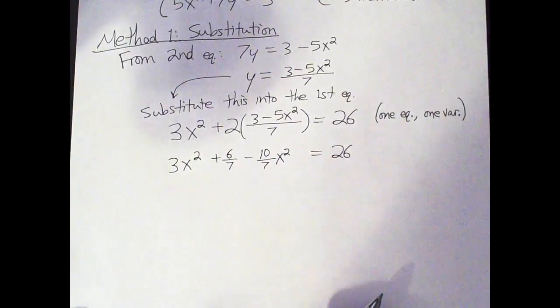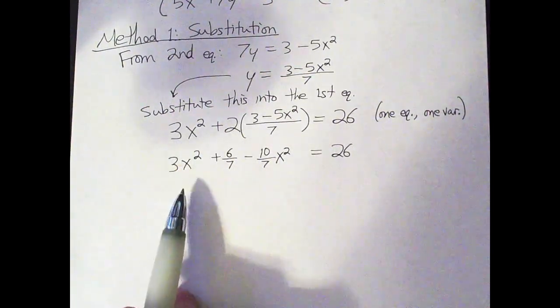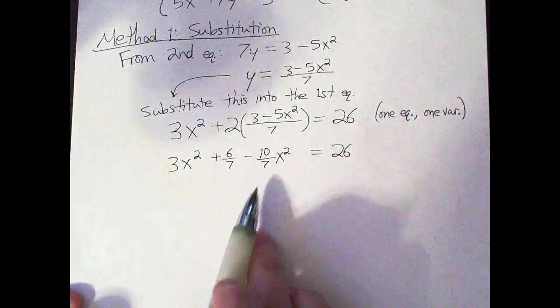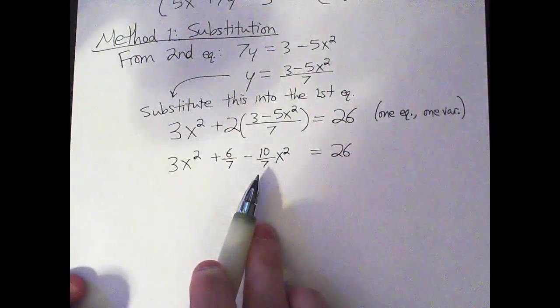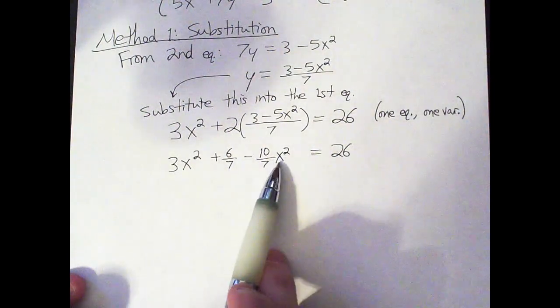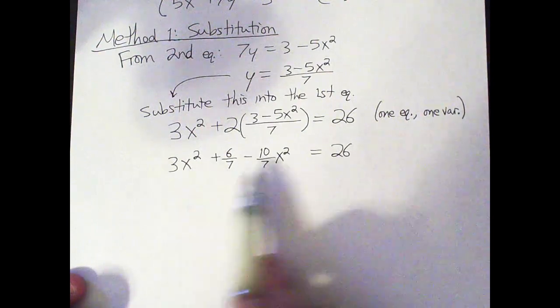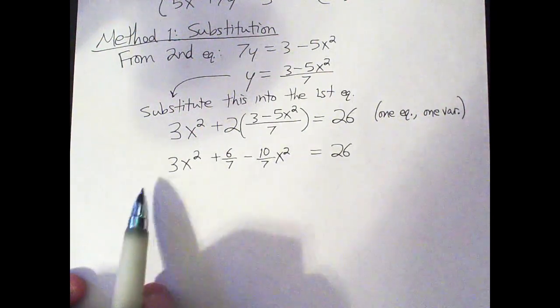You've done this kind of thing in algebra classes before where you're just given one equation with one variable. You've got to solve for x. I think what we can do here is, let's see, 3x squared minus 10 over 7 x squared. So combine those, because that's some number of x squareds minus some other number of x squareds.